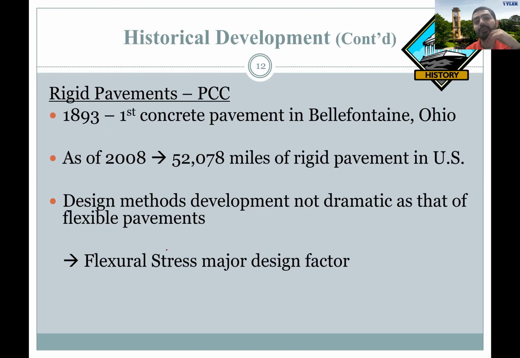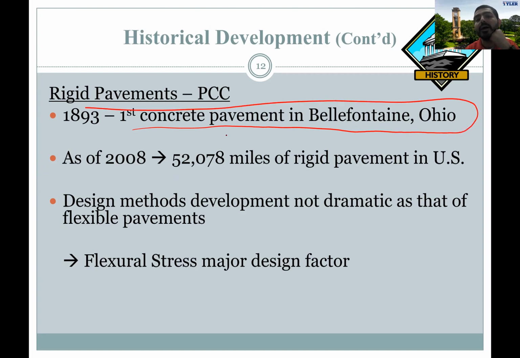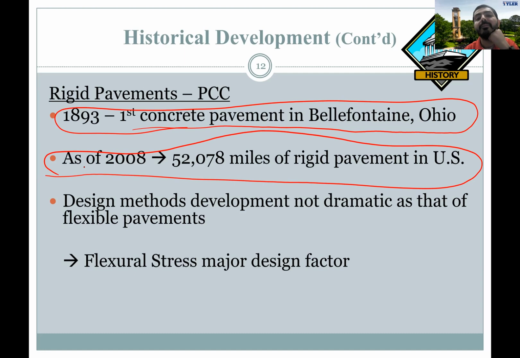When it comes to Portland cement concrete, the first structure was also built just before the end of the 19th century. That was the first concrete that was paved, in Ohio, and a century later, we have about 52,000 miles of rigid pavement.